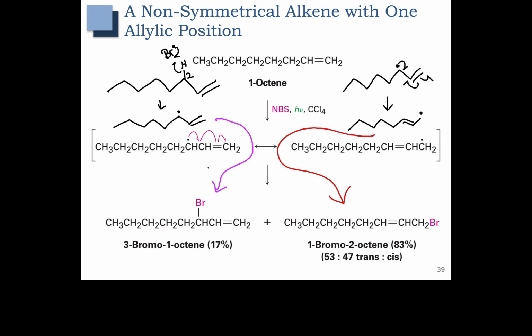And you can see actually that that happens to be the major product formed. This is related to alkene stability. We are getting an alkene that is di-substituted as opposed to an alkene that is monosubstituted, and the di-substituted alkene is more stable. You also see a slight preference for trans in this case.